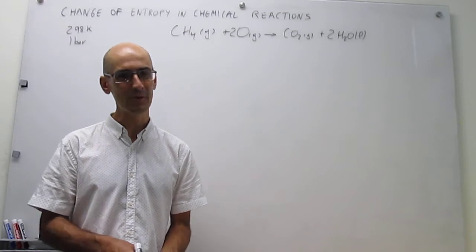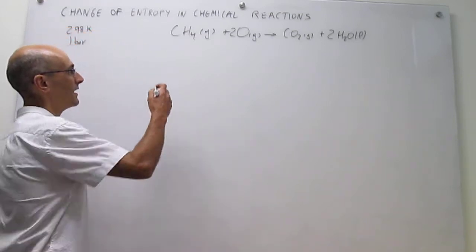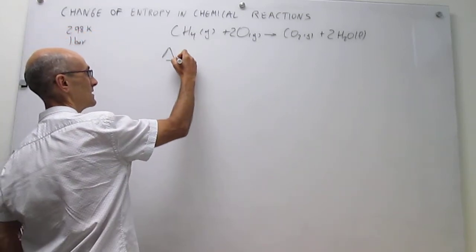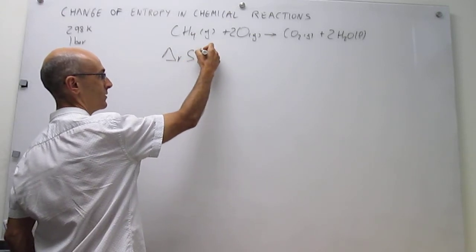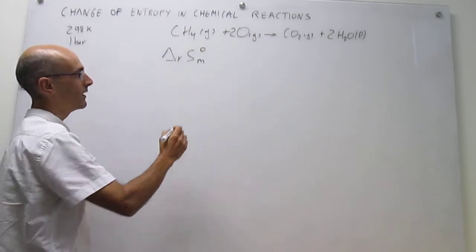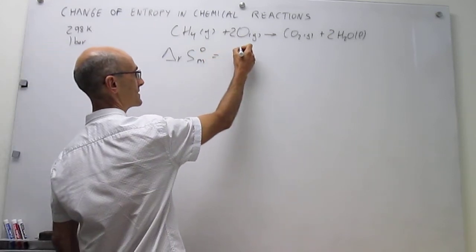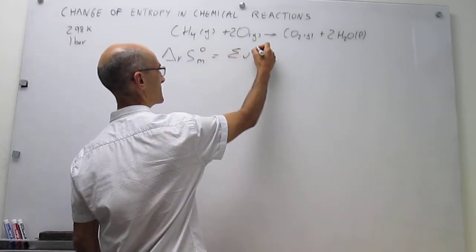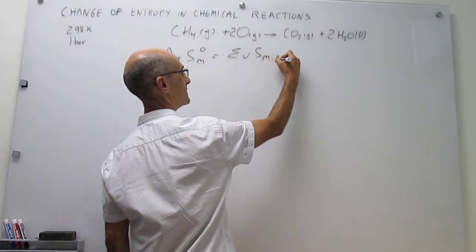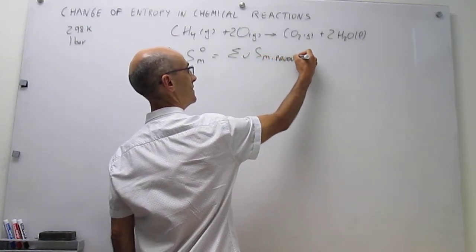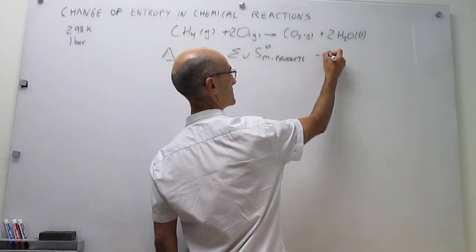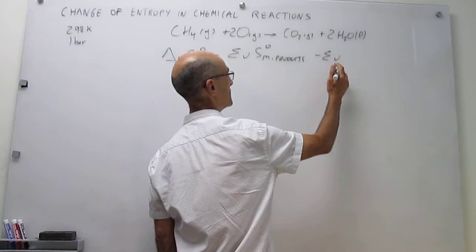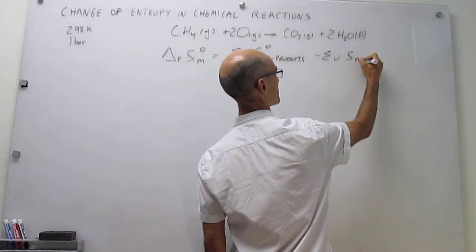Okay, so to put that in a formula, what we can say is that the change in entropy, and usually these entropies are going to be per mole under standard conditions of 1 bar, is simply the sum of the entropies of products, which will be molar and standard, minus the entropies of reagents.